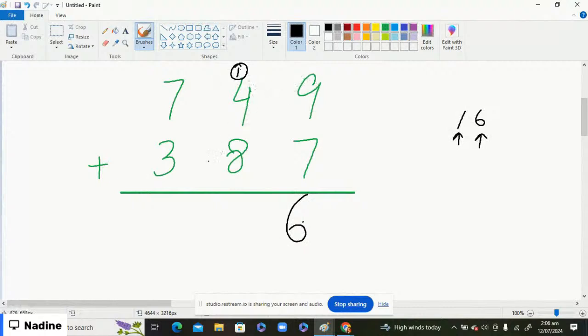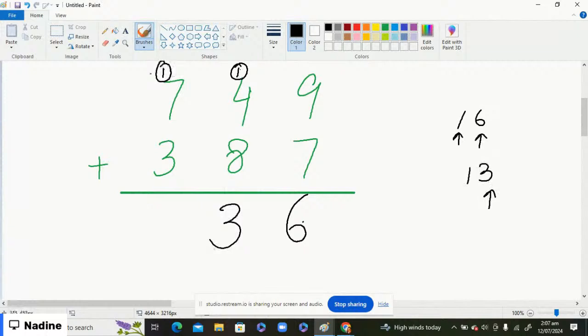So 1 plus 4 plus 8. 1 plus 4 is 5 and 5 plus 8 is 13. So 3 goes down and again 1 goes up as a carry.